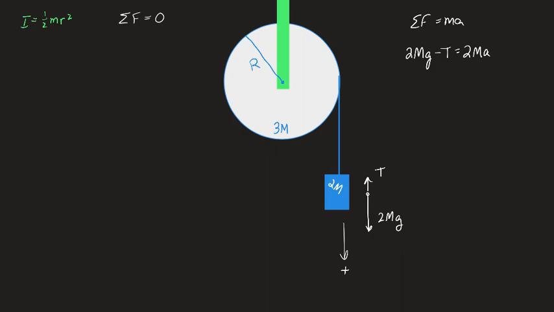It should be clear that the pulley is experiencing a downwards force of tension right there. I drew it exaggerated, but it should be the same size as this tension. I exaggerated it so that you would see it. That is not the only force acting on the pulley. The pulley also has weight.